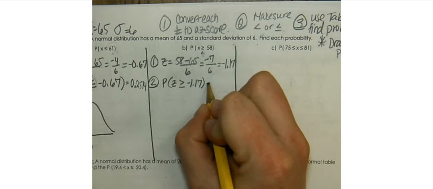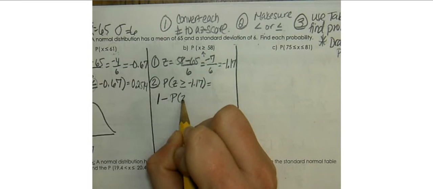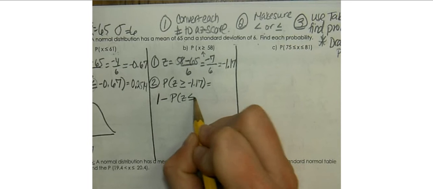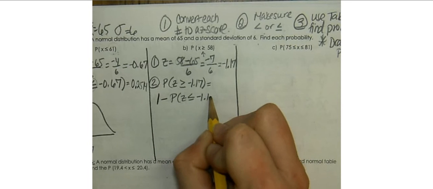So we're going to be working with complements. So that's going to be 1 minus the probability that z is less than or equal to negative 1.17. That's what our complement is. 1 minus, and then the opposite inequality symbol. So what does this look like? Well, this would look like a lovely little standard normal curve.